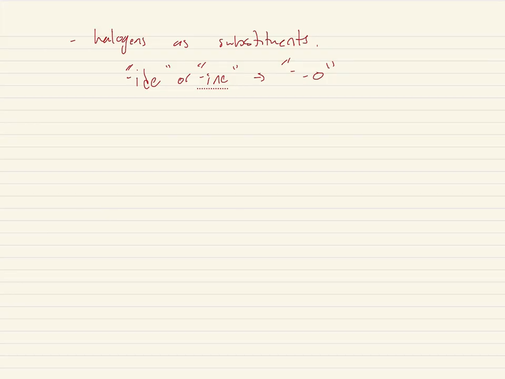And then we label the group the same way we did before, and then we still do the carbon number followed by a dash and then the halogen in this case.